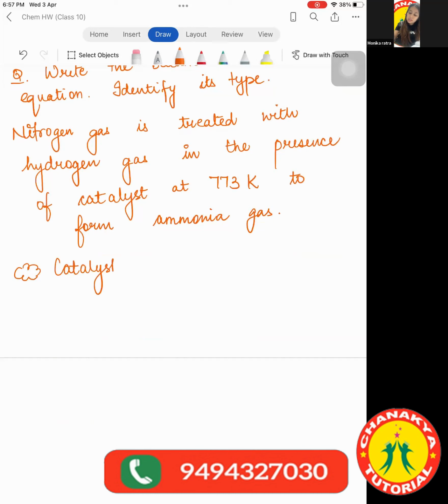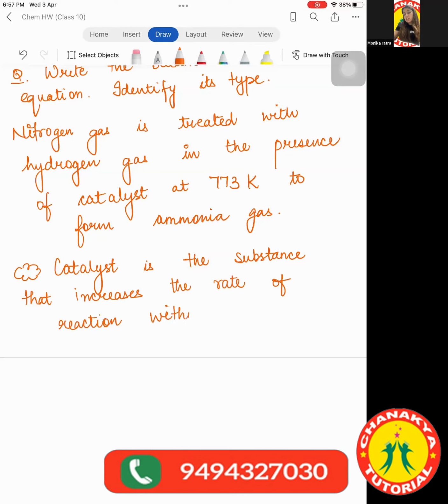It can be a different element or compound for different reactions, but not all reactions require a catalyst. It means it increases the speed of the reaction without itself getting consumed.